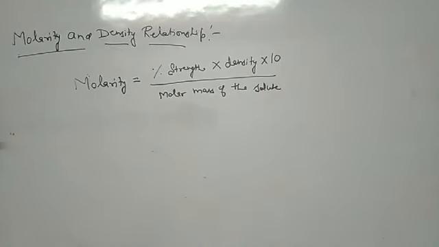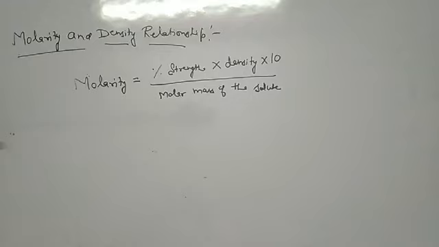Is it clear? Actually, mass of the solute and molar mass give the number of moles required. How many moles of the solute are present for the molarity? That's why.